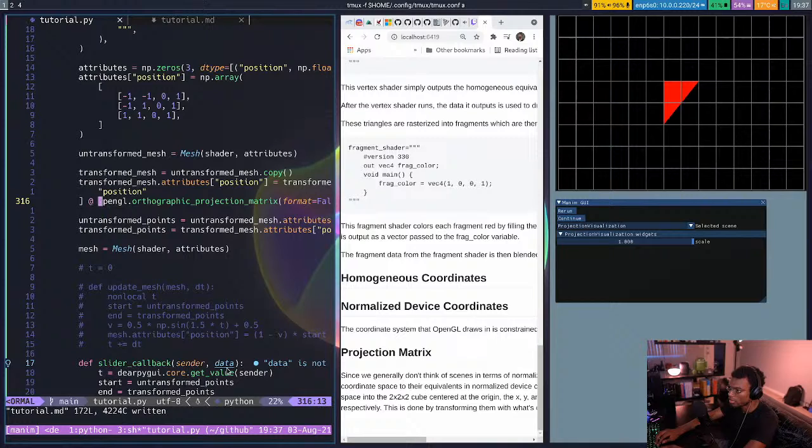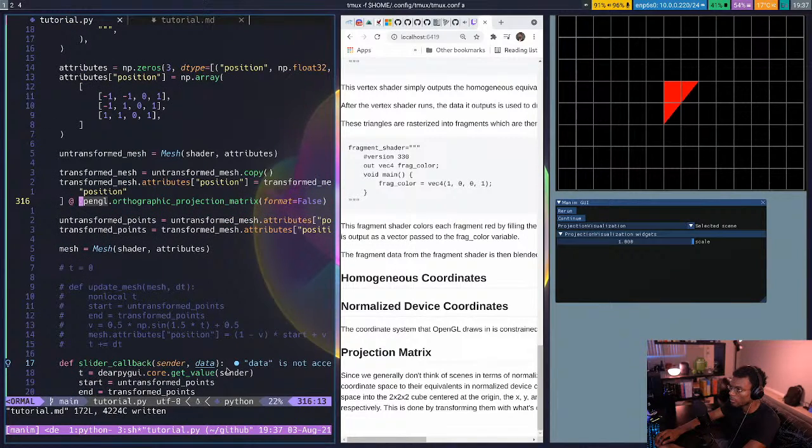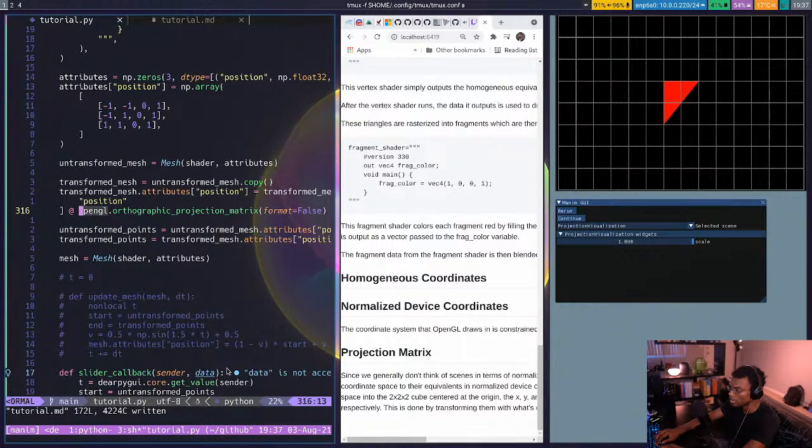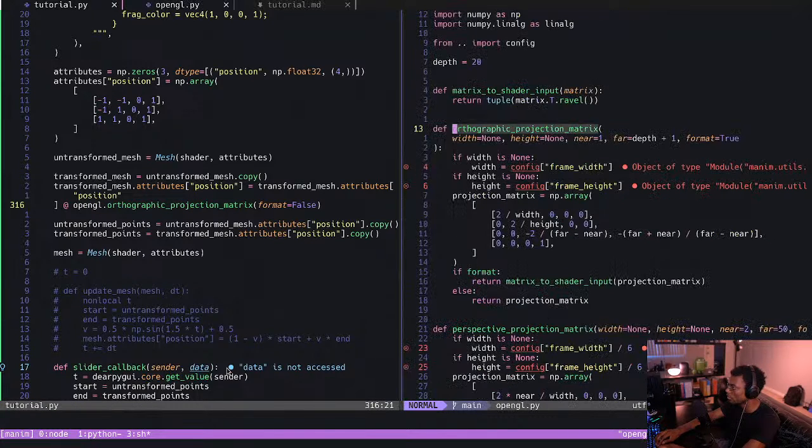It's too bad I didn't write down this matrix anywhere. I don't even know what this matrix is. Orthographic projection. I should know what it is. Yeah, it's doing it. 2 divided by height, 2 divided by width.